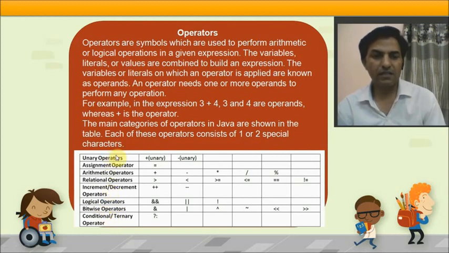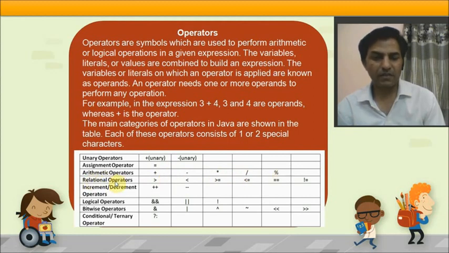First one, that is unary. It is of two types, that is unary plus and unary minus. Assignment operator generally uses the equal to symbol. Arithmetic operators are plus, minus, multiplication, division, and modulus.